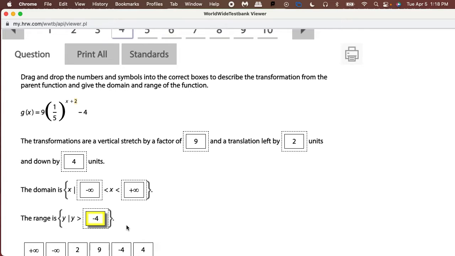But it never crosses that. Never, ever, ever. Because no matter what you put into this value, it's going to be added to a -4. So when you add something to a -4, it's never going to be a -4. Because I can never make this term equal 0.